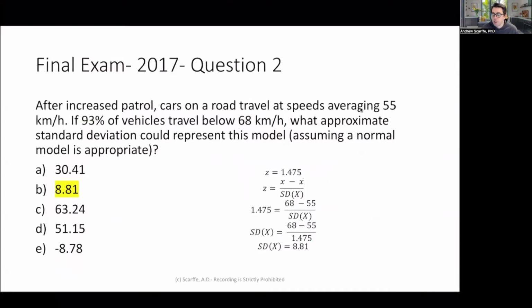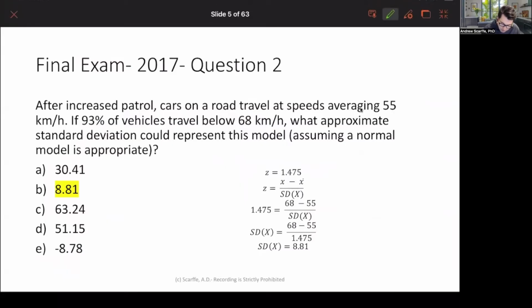In this particular question, if you pick 1.47 or 1.48, it's not going to change your answer. So we sub in our value for Z. Z, 1.475, is equal to 68 minus 55 divided by our standard deviation.